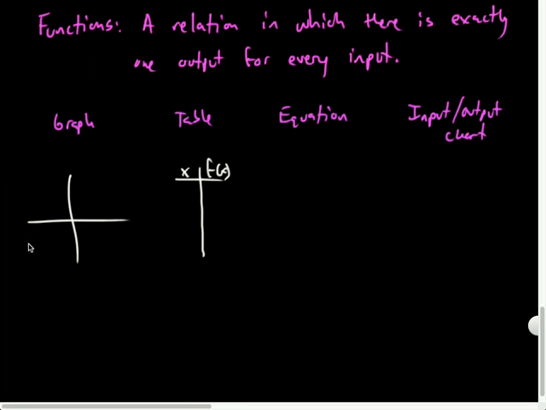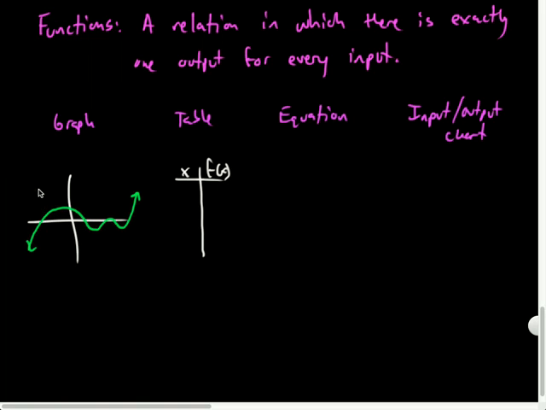Now, I've referred to polynomials as functions. Graphically, I know that this is a function because for every input, there's exactly one output. What that means is for every x value, there's only one y value above or below it.